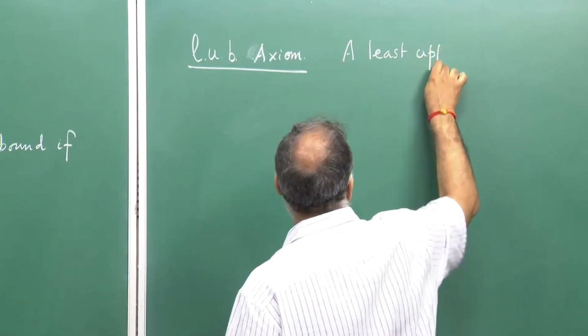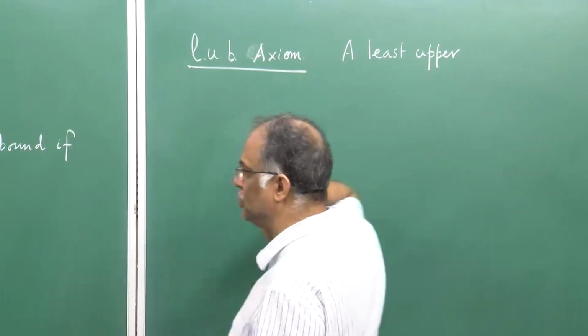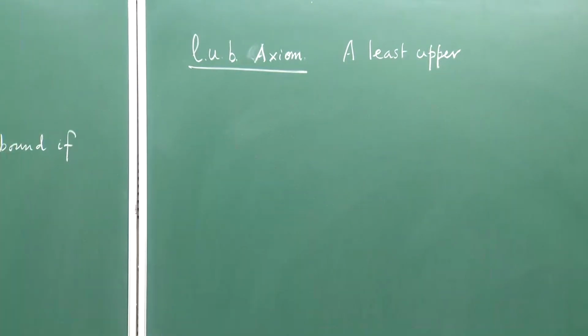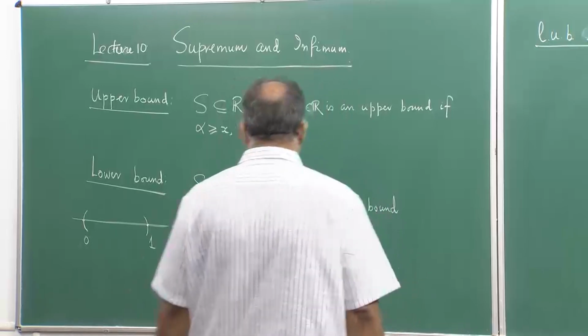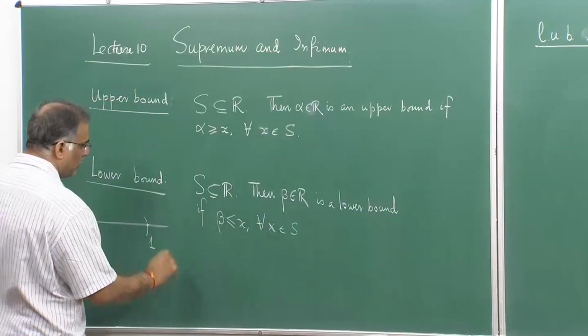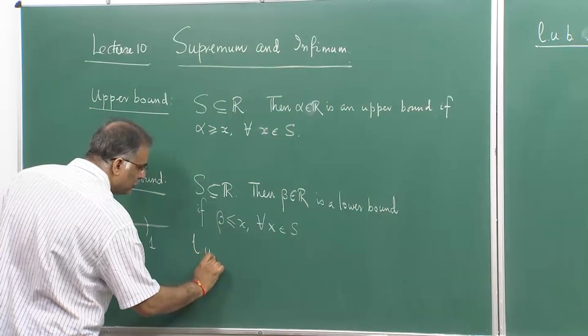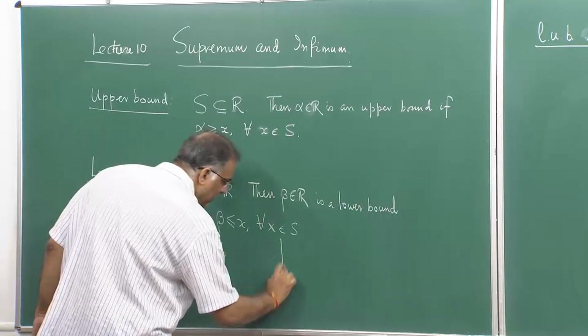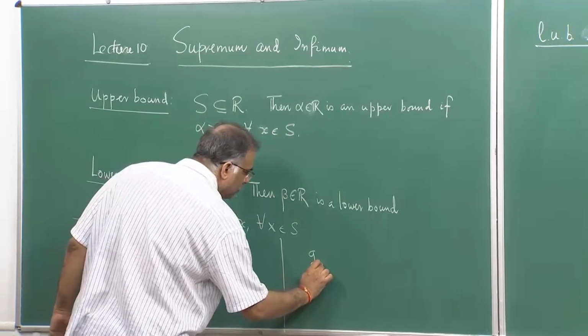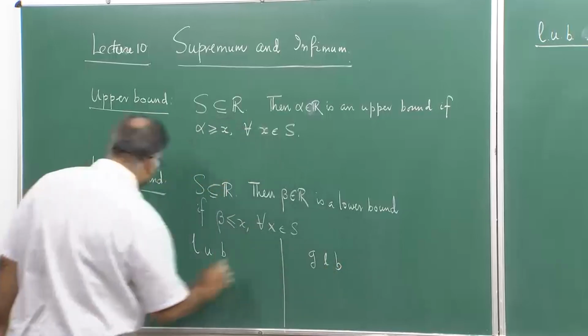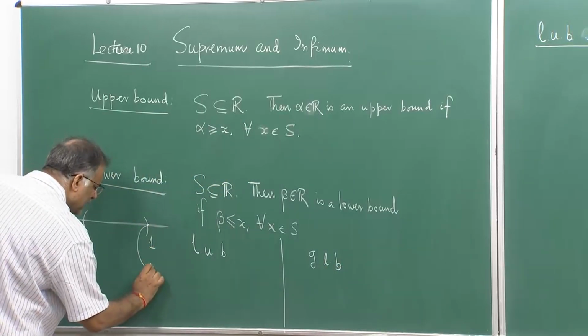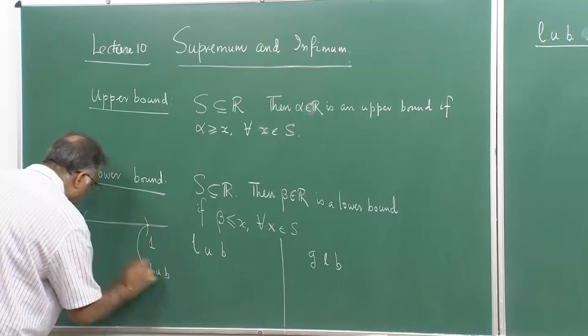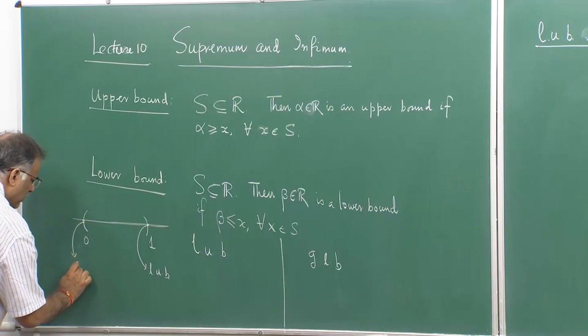An axiom is something which is such an obvious truth that you do not really prove it. So, what is the least upper bound? Similarly, there is something called the greatest lower bound. Here I call 1 the LUB and 0 the greatest lower bound.